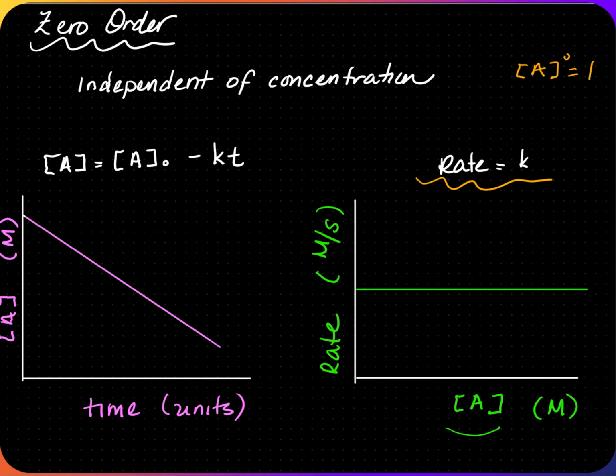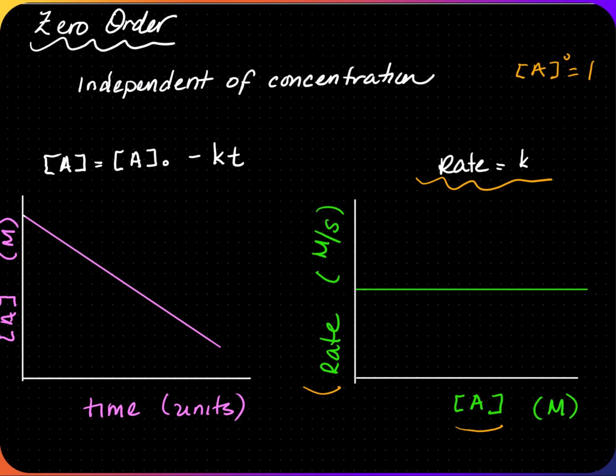So if I plot rate in molars per second versus the concentration of A in molars, you'll get a horizontal line. No matter the concentration of A, the rate will not change because the power is 0.